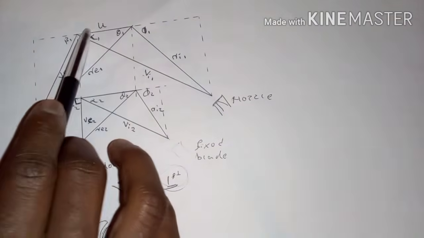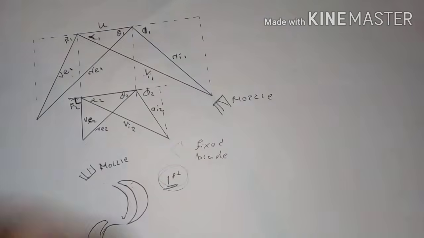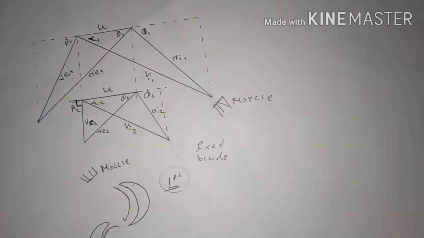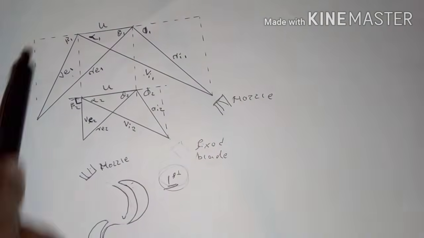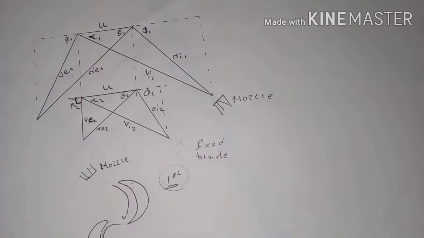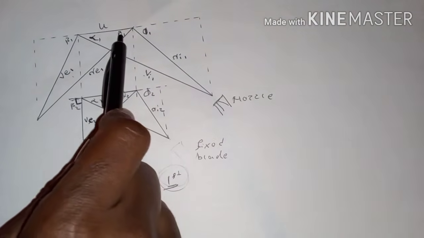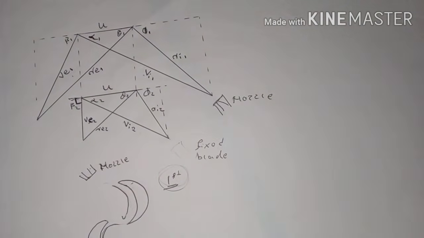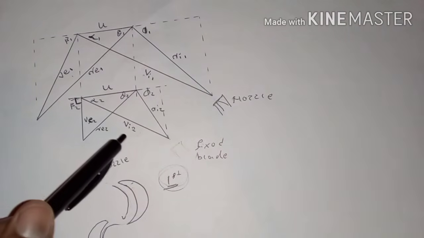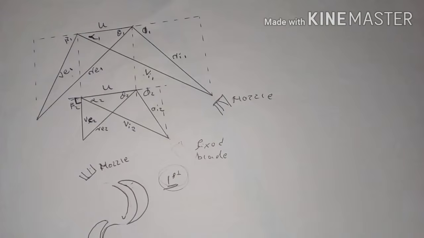What you know is that this U will be equal to this U. That is the only thing that you know. If the diagrams are the same, they will tell you, but you must treat them as different values. As you can see, this is theta 1, this is theta 2, representing that they are not the same. This is VI2, this is VI1, they are not the same. So we have what we call K.